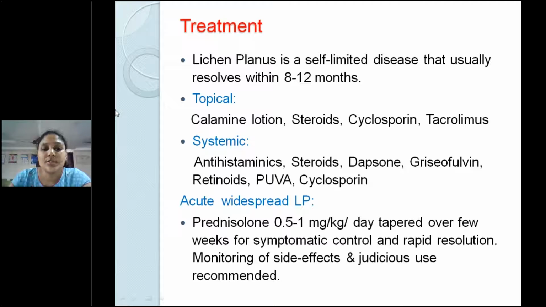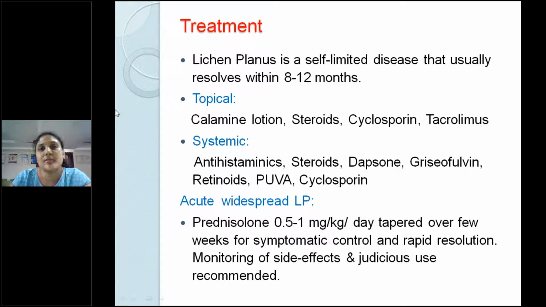Now coming to the acute widespread lichen planus, we give a little high dose of prednisolone, which is 0.5 to 1 mg per day, and you taper over a few weeks. Why? For symptomatic control and rapid resolution. You also have to monitor side effects because we give treatment for a long time in this condition.